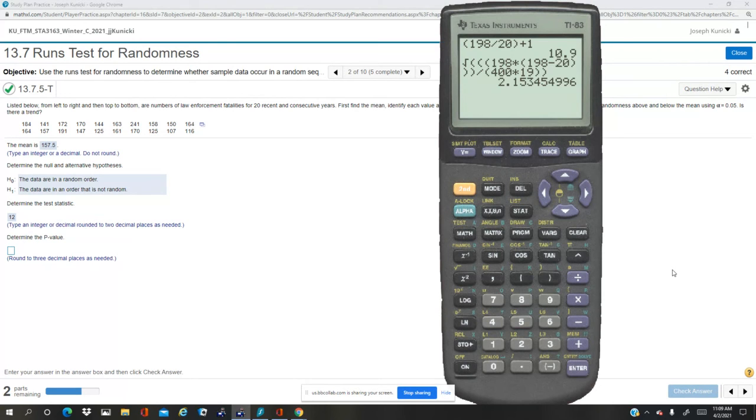Sigma is 2.153454996, 2.1535. We'll use 4 decimal places.